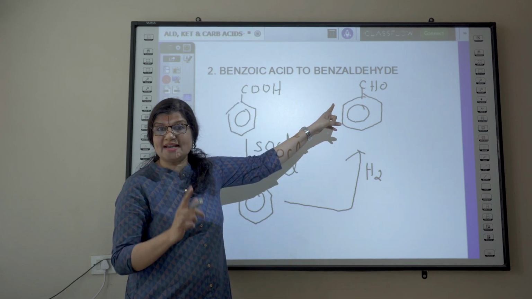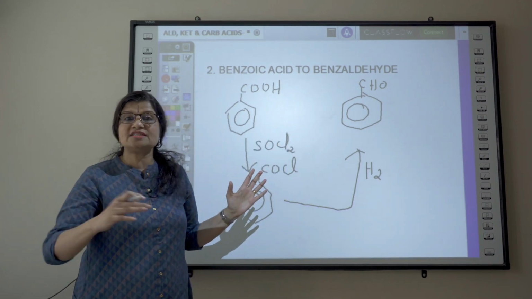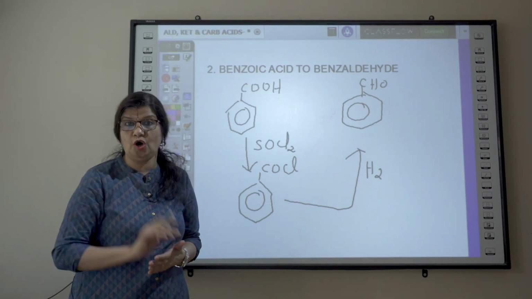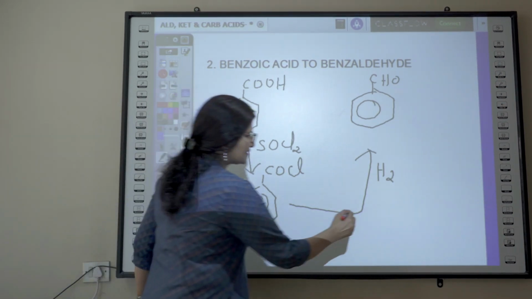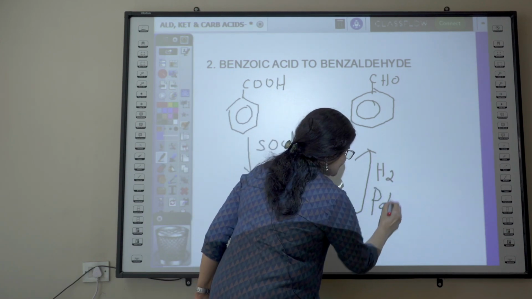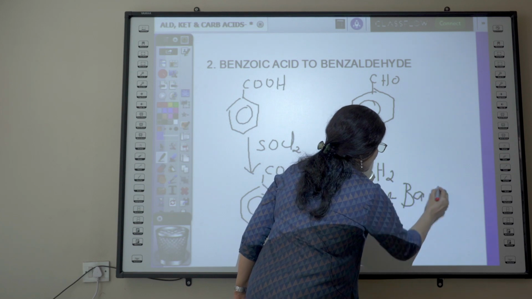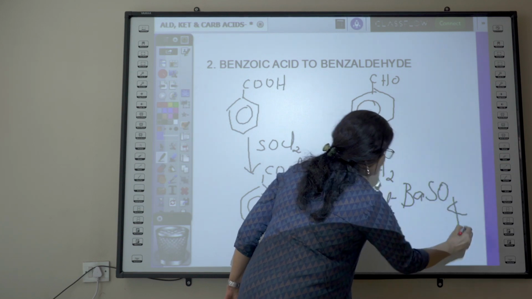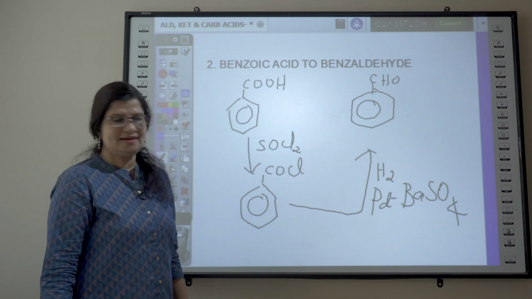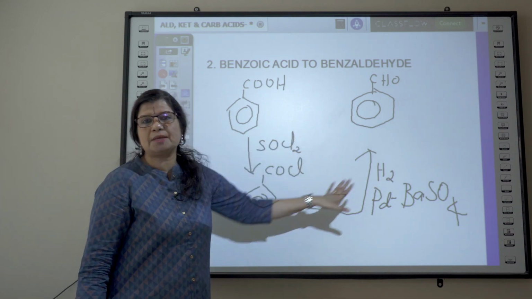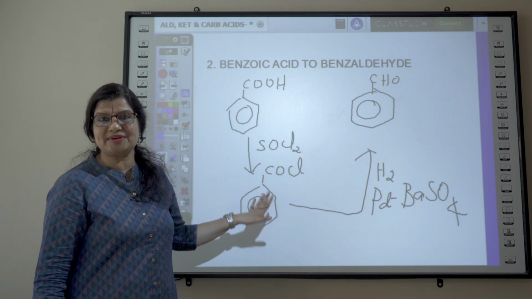As I told you, benzaldehyde is highly reactive. It gets further reduced to the primary alcohol, namely benzyl alcohol. So we have to inhibit the activity of the palladium catalyst by supporting it over barium sulfate, and a small amount of quinoline can be added. In this manner, benzoyl chloride is reduced to benzaldehyde, a typical illustration of Rosenmund reduction.